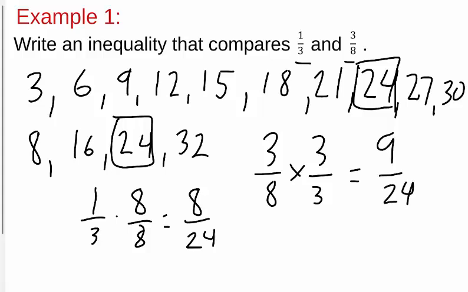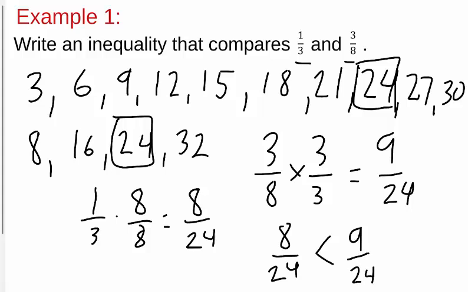Well, now we can compare. 8 over 24. Oops, not 87. Let me erase that. 8 over 24 is clearly less than 9 over 24 because 8 is less than 9.